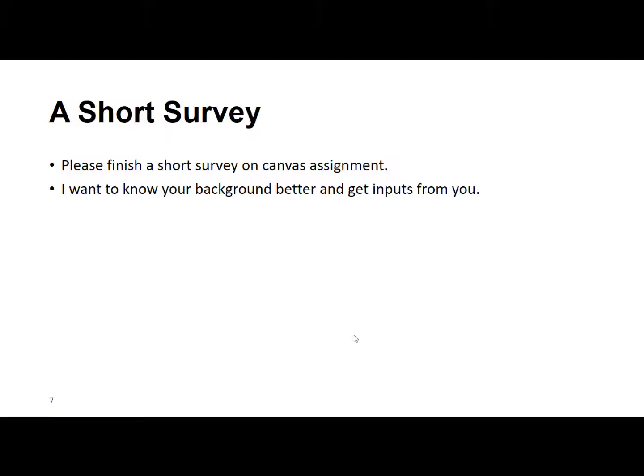Have you taken security courses or not? Have you taken some medical informatics courses and so on? I need to know your background so that I can design the course suitable for you.